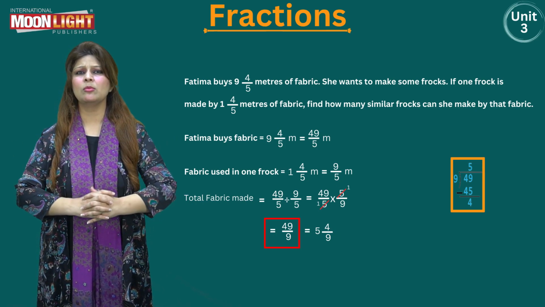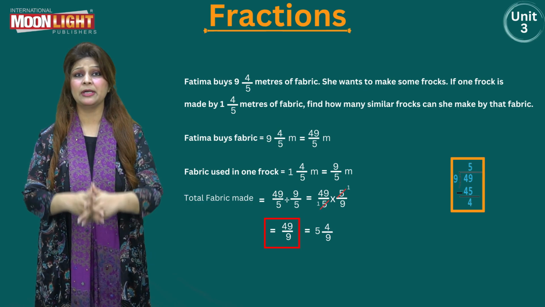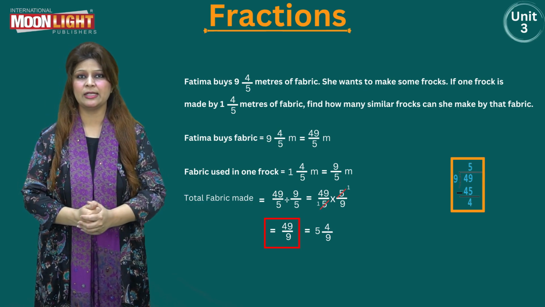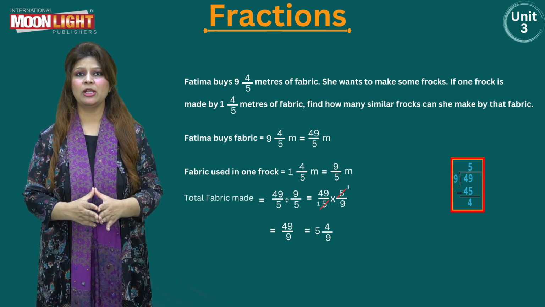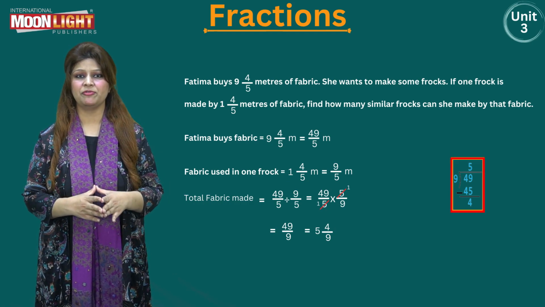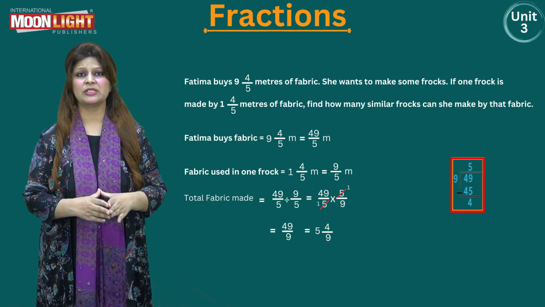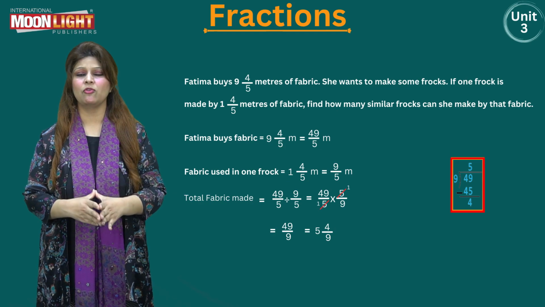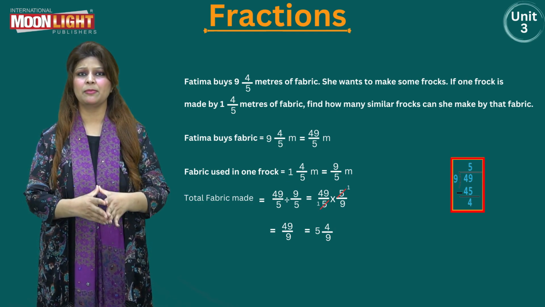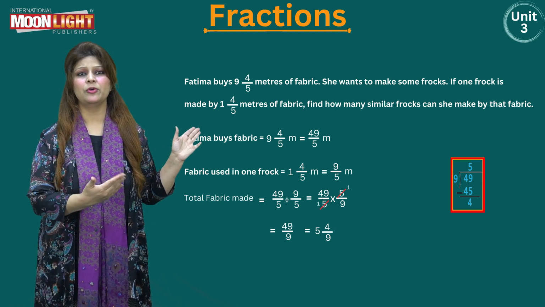Again, because this is no more divisible by any other number, but I have to write down the answer in the lowest form, I will recall the 9 times table. 9 5s are 45. Subtract 45 from 49. So 49 minus 45 is 4. So I can write this number as 5 whole 4 by 9.